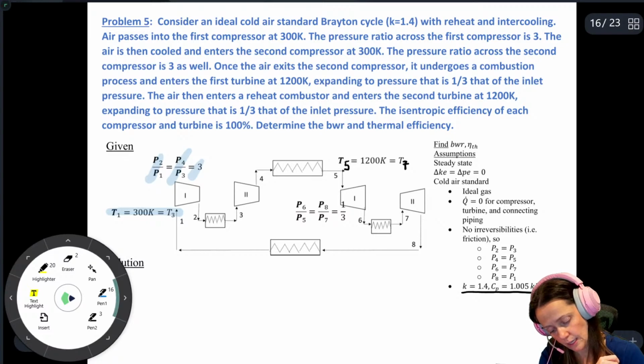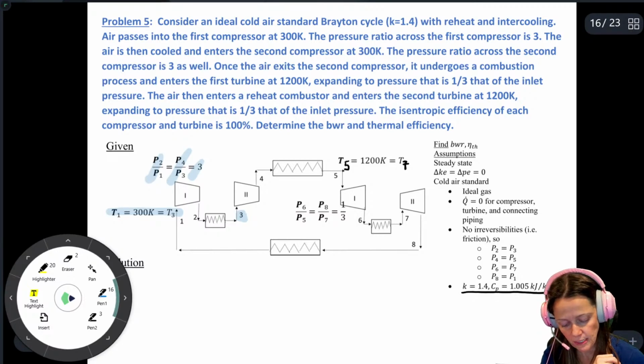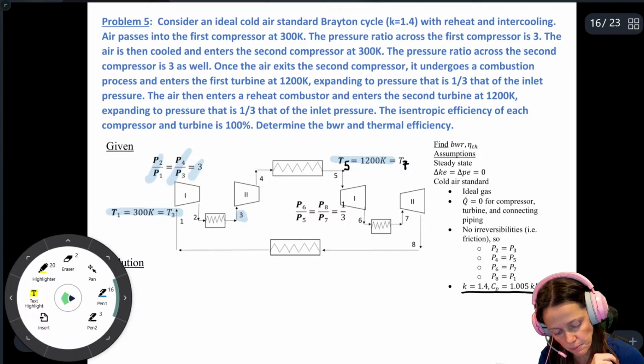And the air enters the second compressor at 300 Kelvin as well. Once the air exits that second compressor, it undergoes a combustion process, that's between 4 and 5, and it enters the first turbine at 1200 Kelvin, expanding to a pressure that is 1/3 that of the inlet pressure.